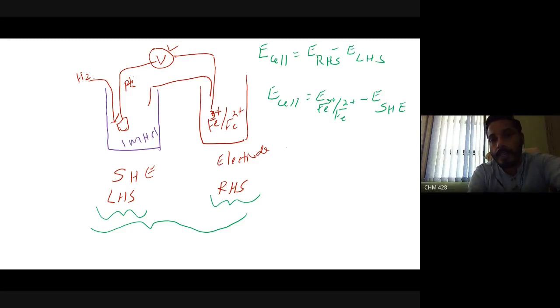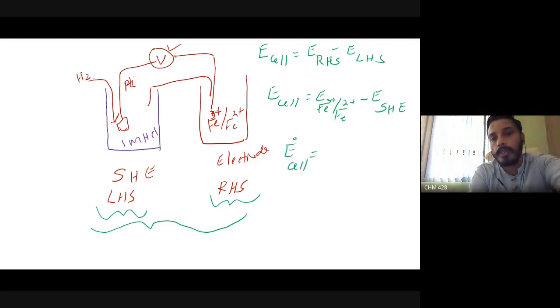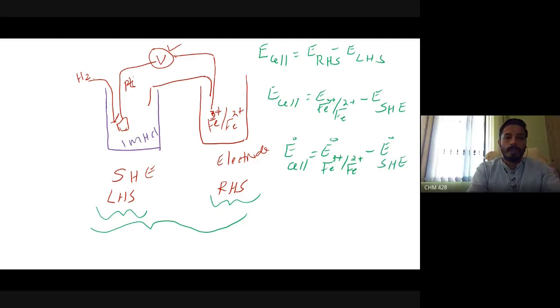Under standard condition, this becomes E0 cell equal to E0 Fe3+|Fe2+ minus E0 SHE. And you know that SHE provides a constant voltage.